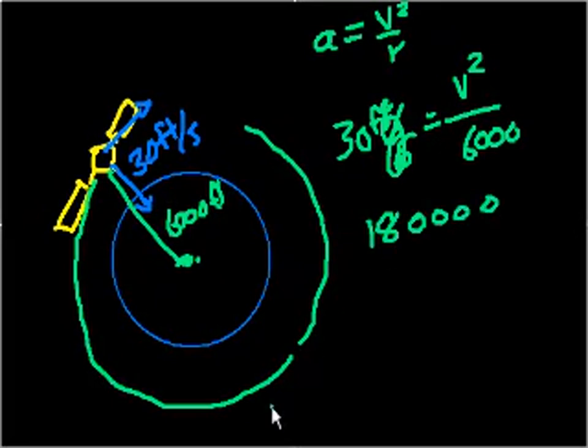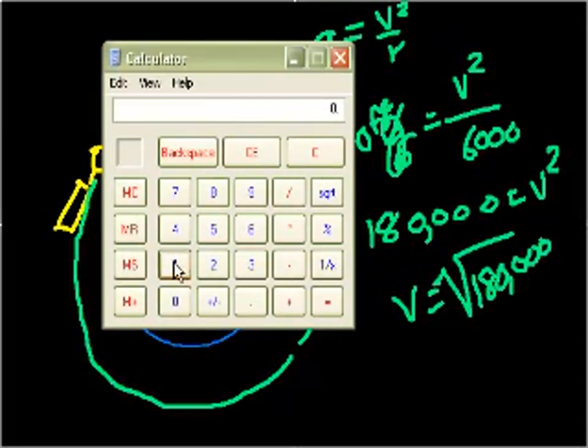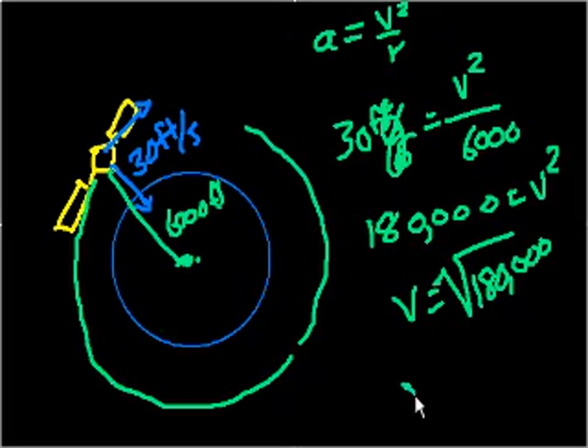So v squared is equal to 180,000. Everything's in feet per second. And so what's v? So v is equal to the square root of 180,000. Let me get the calculator out because I haven't memorized my squares that high. Take the square root. So 424. So the required velocity is 424 feet per second.